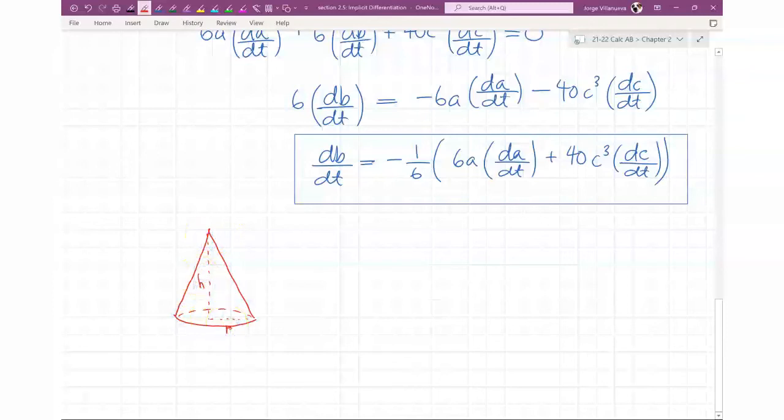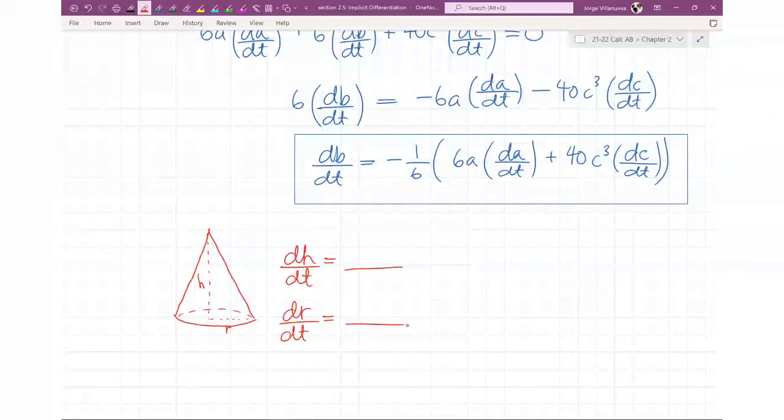And they're going to tell you the rate of change of the height with respect to time is the following. The rate of change of the radius with respect to time is the following, right? You're going to be getting things assigned to certain variables, and when they write dh/dt, if that's height, that means the height is changing. It might be getting taller, it might be getting shorter, depending on what's happening.